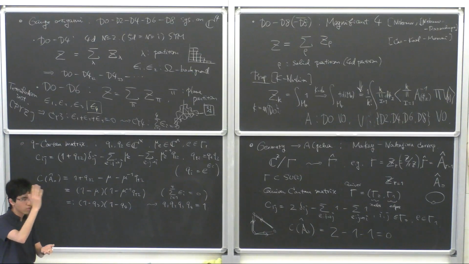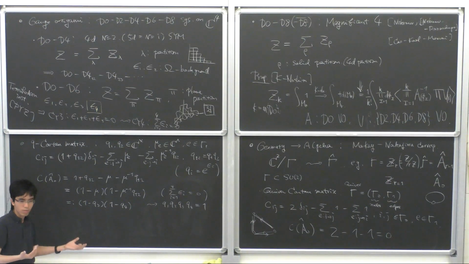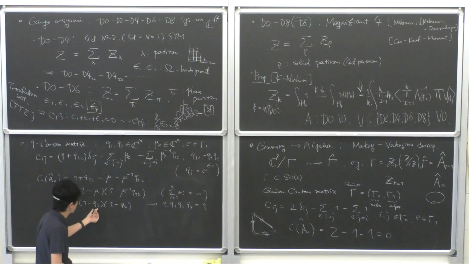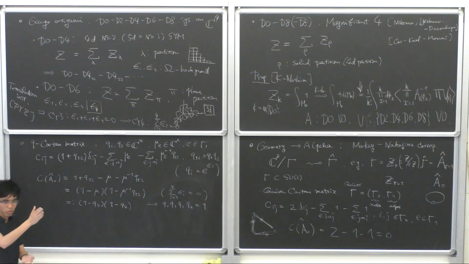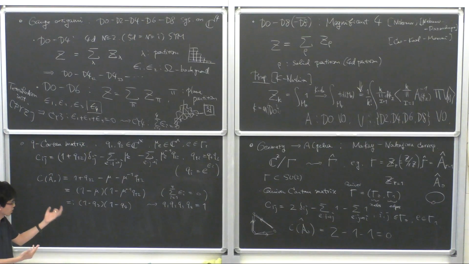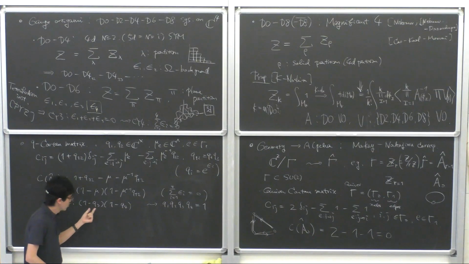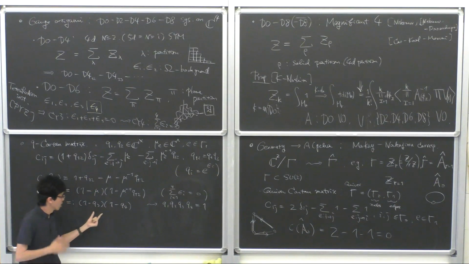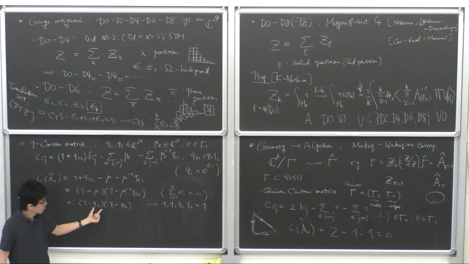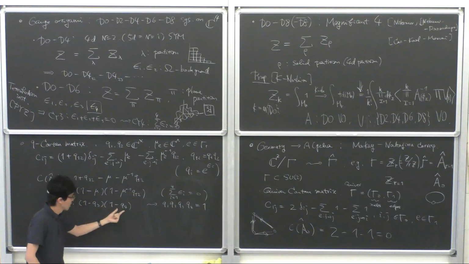In this context, this flux plays the role of the adjoint mass. So this Q3 is now interpreted as a flux along this transversal direction. This is the motivation why we interpret this adjoint mass parameter as an equivariant parameter, or omega background parameter, associated to the transversal direction.